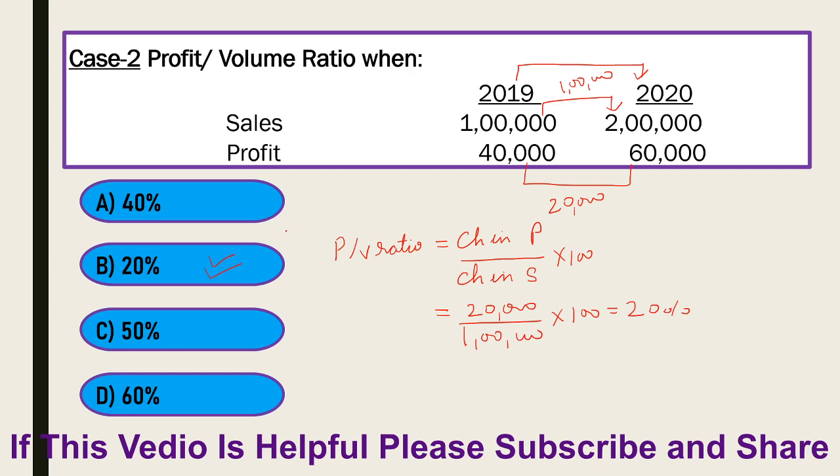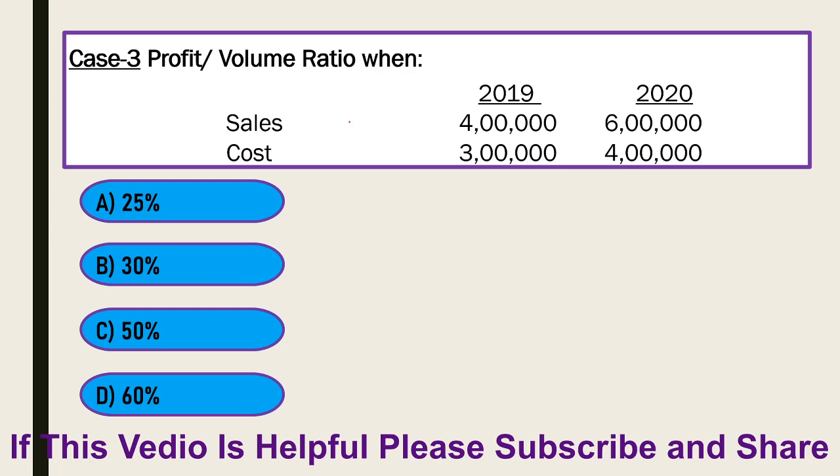Now in the next case, in place of sales and profit, here cost is given. So to find out profit, we have to deduct cost from sales. So in 2019, our profit is 1 lakh rupees, and in 2020, after deducting cost, our profit is 2 lakh rupees. So our profit is changed by 1 lakh and sales is changed by 2 lakh rupees.